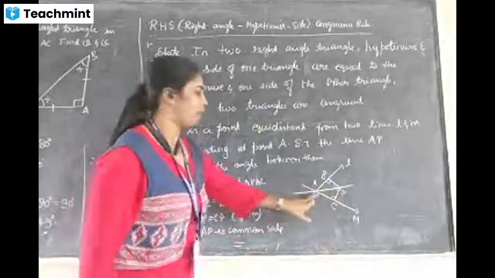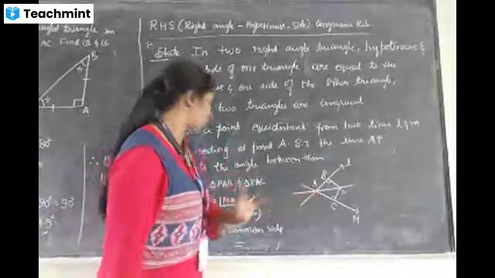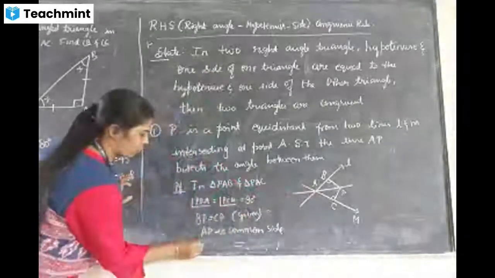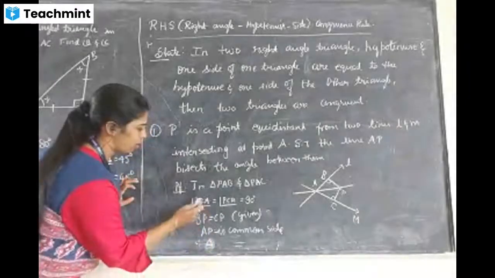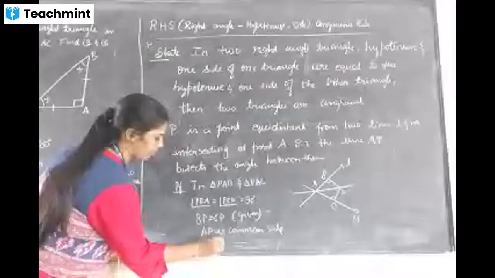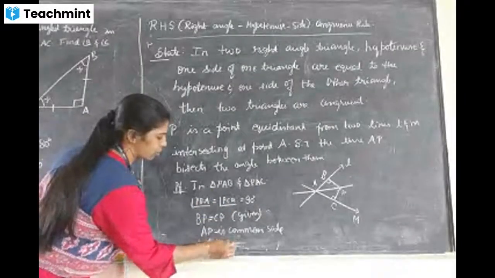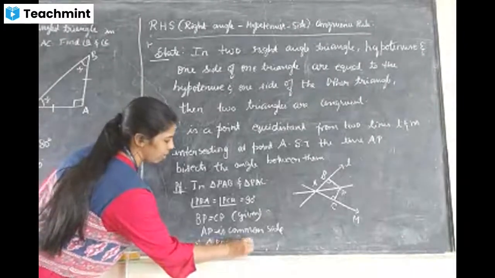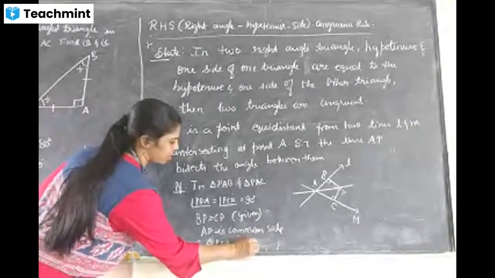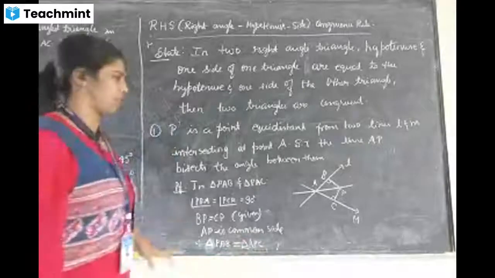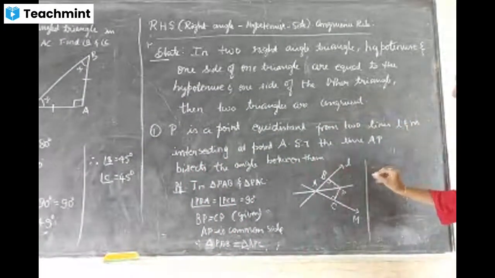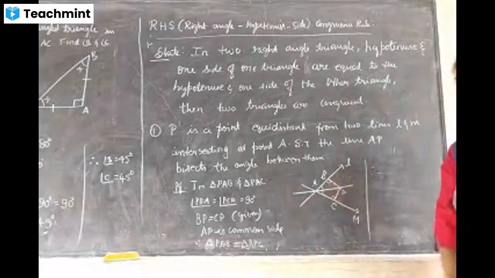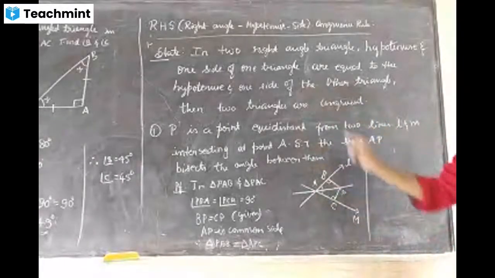We must prove that angle A is bisected. Therefore, triangle PAB is congruent to triangle PAC.